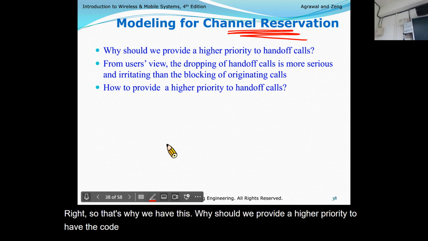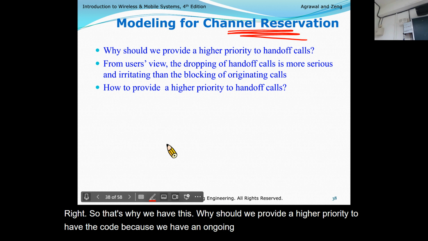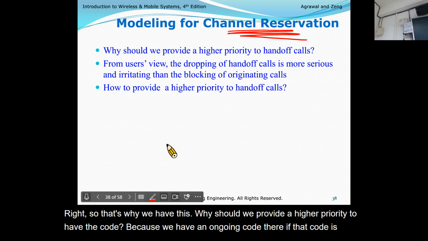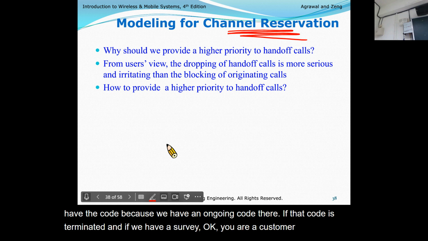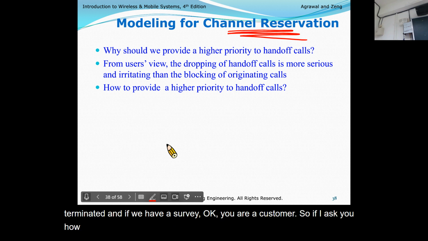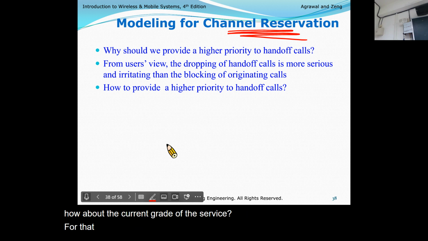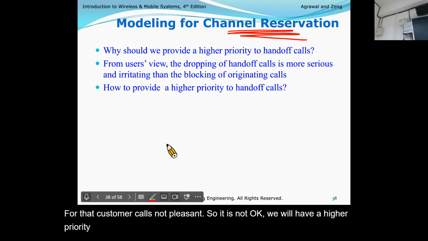Because we have an ongoing code there. If that code is terminated, and we have a survey, okay, you are a customer, and I ask you, how about the current grade of service? For that customer, of course, not pleasant. So we will have a higher priority for those for sure, right?